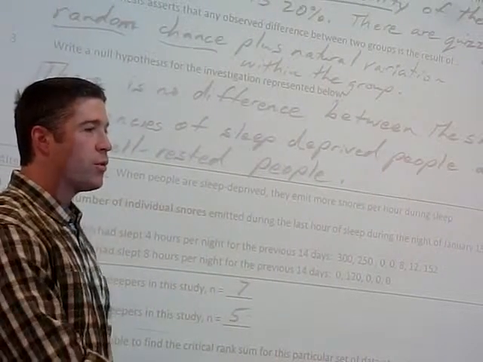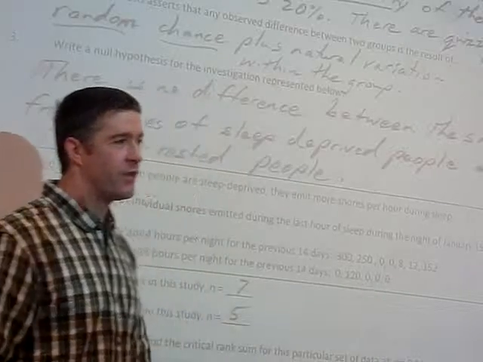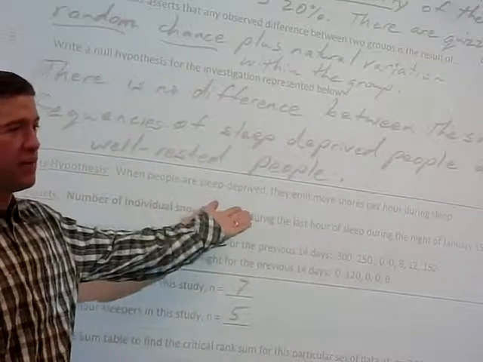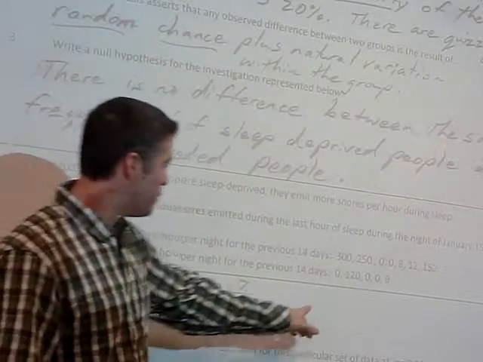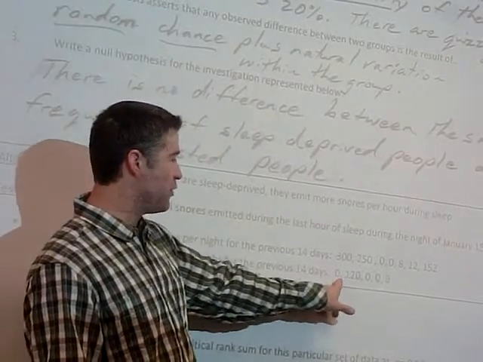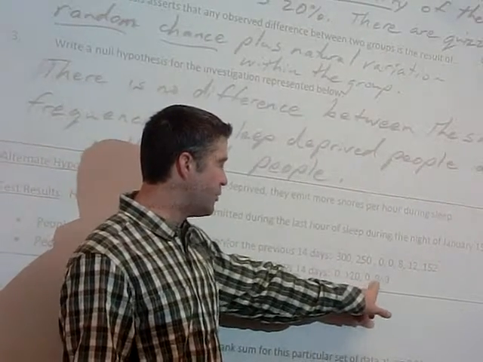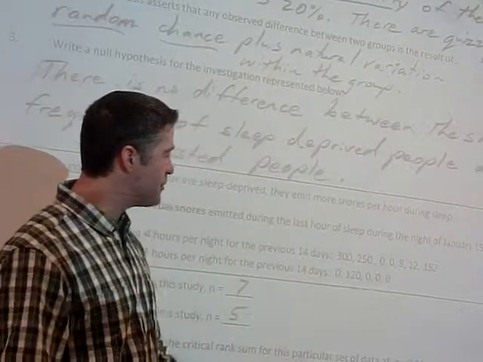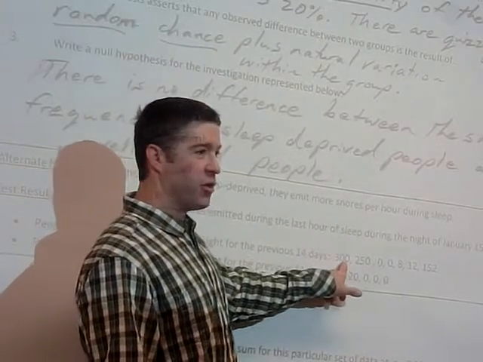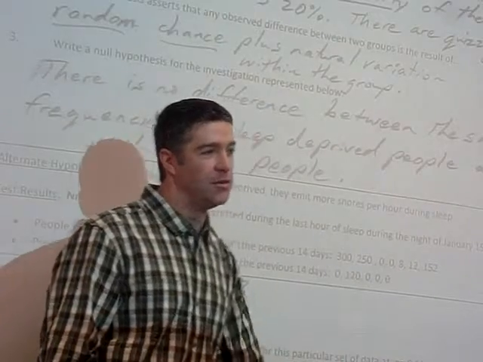So what we're doing here is you get data on snoring, and you're trying to prove your alternate hypothesis. And what you say is, well, look at this. Look at these people who were well rested. They snored during the last hour of their sleep. This person snored 0 times, 120, 0, 0, and 0. For people who are sleep deprived, we had somebody snoring 300 times, 250 times, 0, 0, 8, 12, 152.